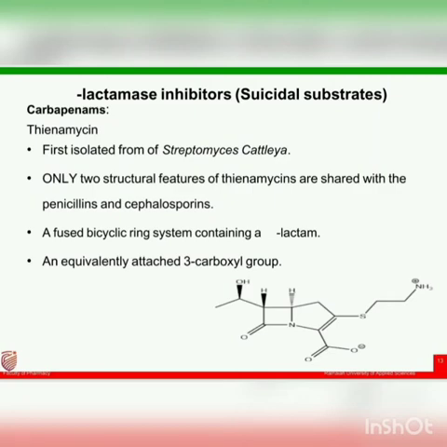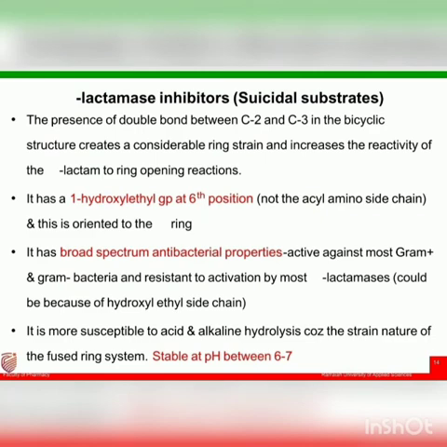It has a fused bicyclic ring system containing a beta-lactam and an equivalently attached 3-carboxyl group. The presence of a double bond between carbon 2 and carbon 3 in the bicyclic structure creates a considerable ring strain and increases the reactivity of the beta-lactam to ring opening reaction.